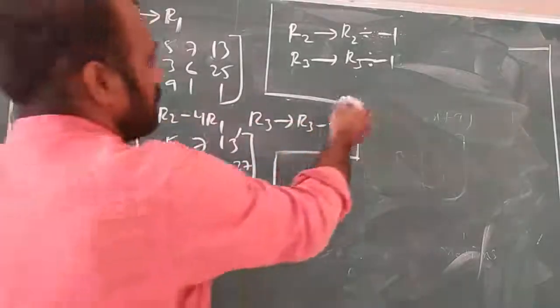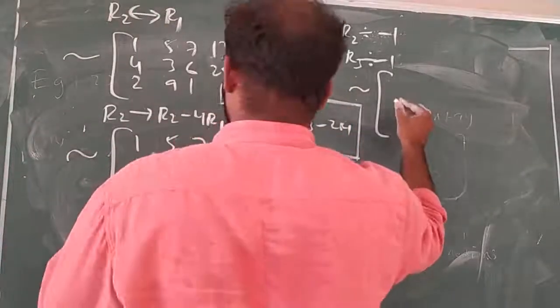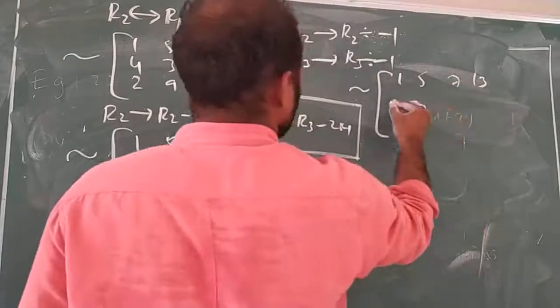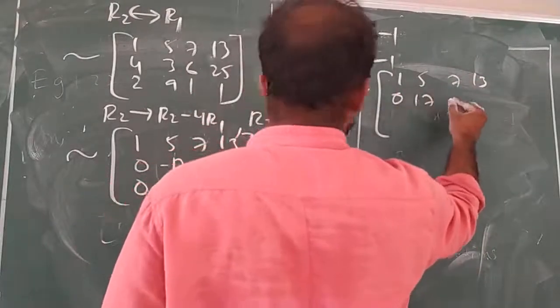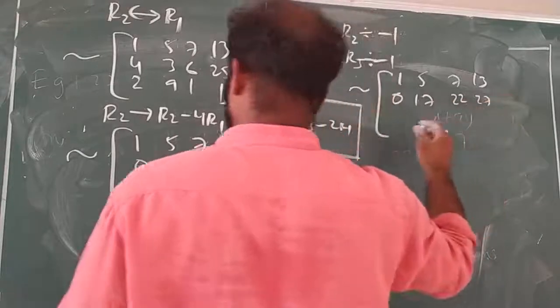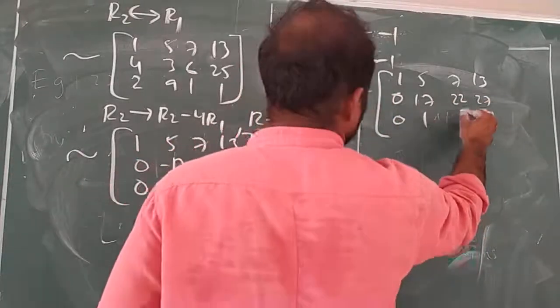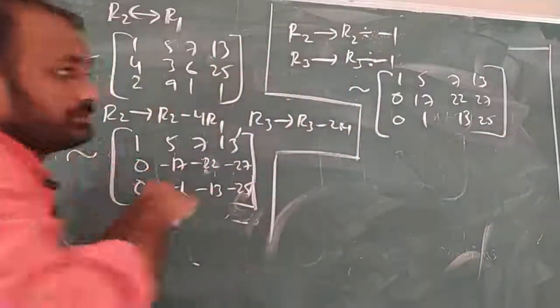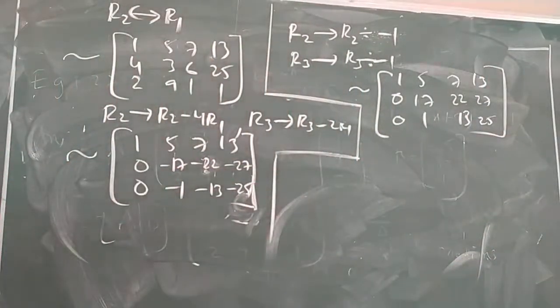If I divide everything by minus 1, what will the equivalent form become here? 1 5 7 13, 0 17 22 27, 0 1 13 25. We have to apply it to the total row, we cannot apply it individually.